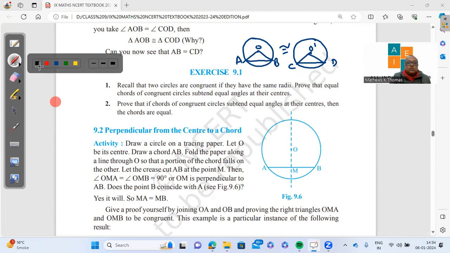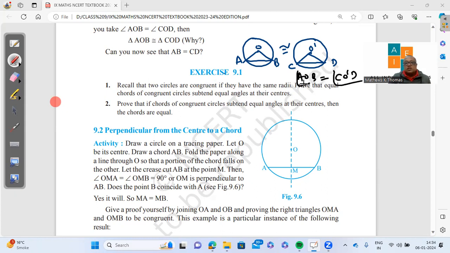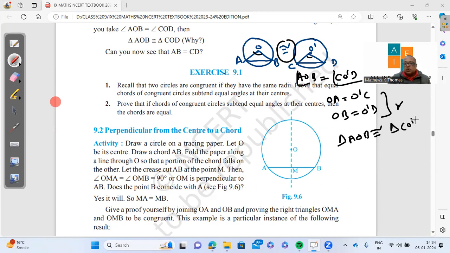And once we draw the figure, you will understand that if chords subtend equal angles, that means angle AOB is now equal to angle CO dash D. This is the only change that is happening. In the first question, we had to prove this. Now it is given. OA equals O dash C and OB equals O dash D, because again, radii of congruent circles are equal. Circles are again congruent. Now for the second part, we will say that the triangles are congruent because of SAS.